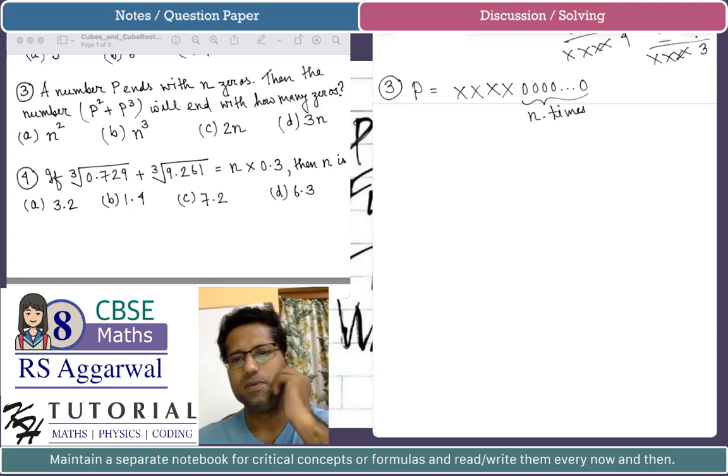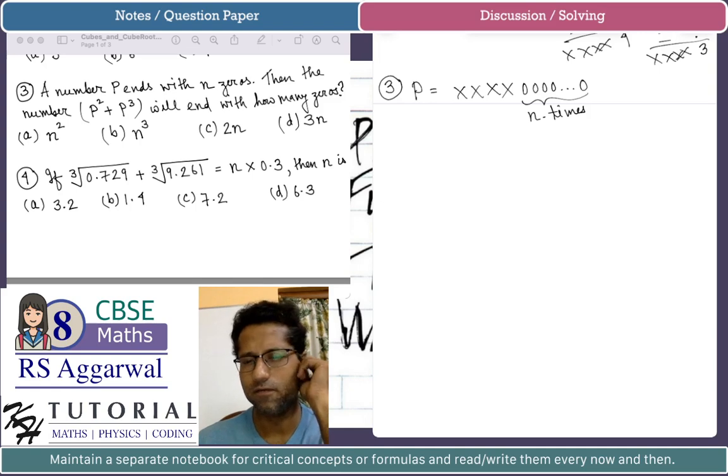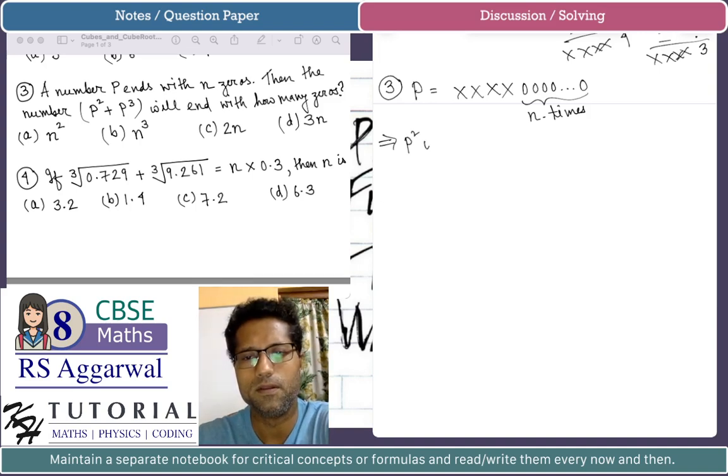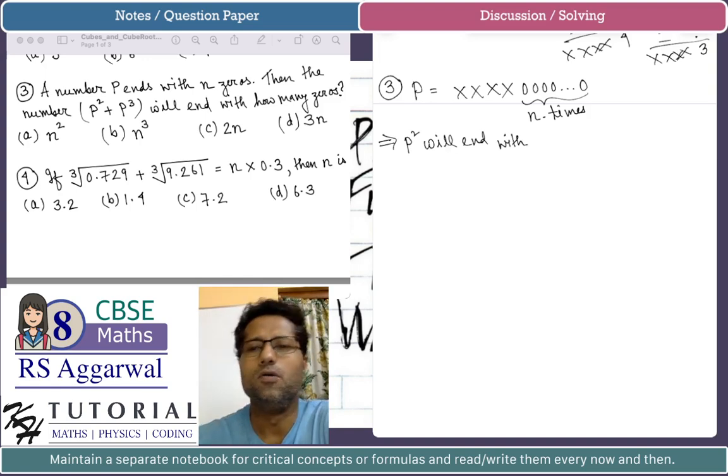Okay, so p is ending with n zeros. So at the end of p, whatever the number p is, the number of zeros at the end, that is on the right hand side, is n. Now, how many zeros will there be in p square? So this implies that p square will end with how many zeros?